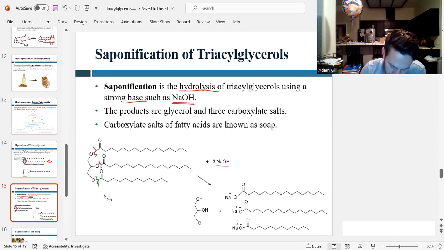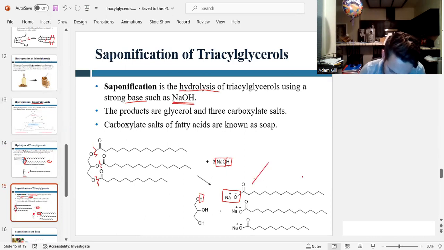We have H and we have NaO. And so one side gets the H, the other side gets the ONa. So the glycerol gets the H, and the fatty acid gets the O- with the Na+.